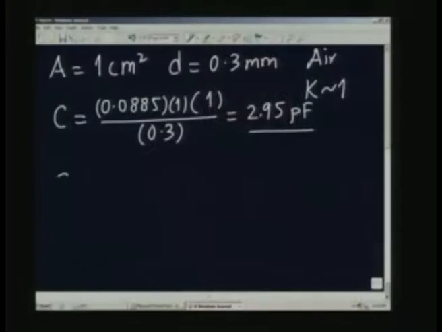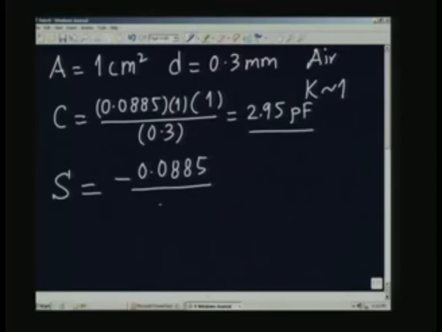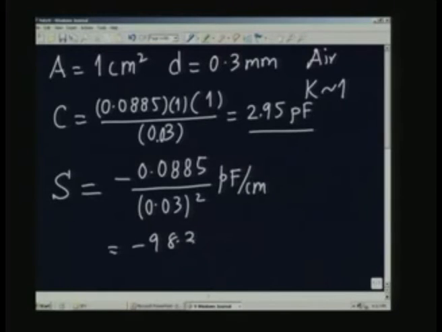So, we will say the sensitivity S is nothing but minus 0.0885 divided by, it is nothing but the derivative with respect to, so this becomes 0.03, this should be 0.3 millimeter, I have to make it 0.03 whole square, this is the derivative, this will be in picofarads per centimeter, this comes to about minus 98.33 picofarad per centimeter.